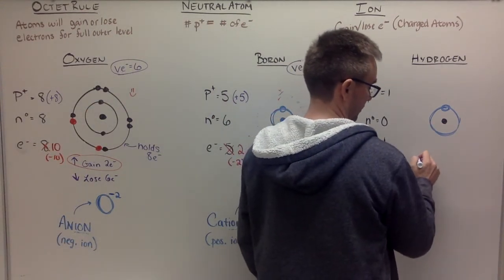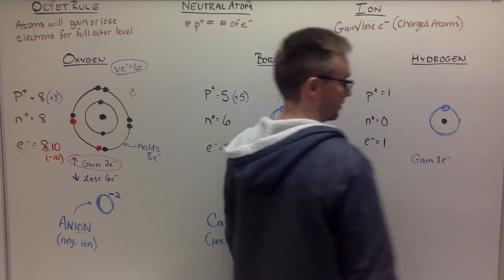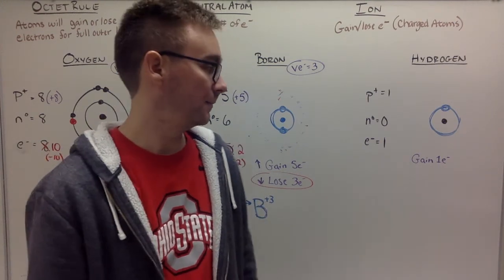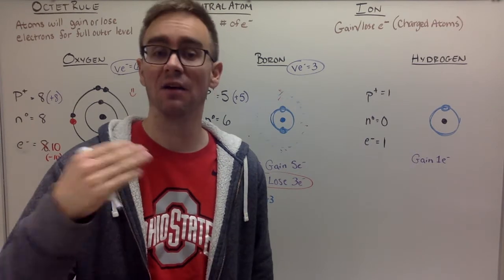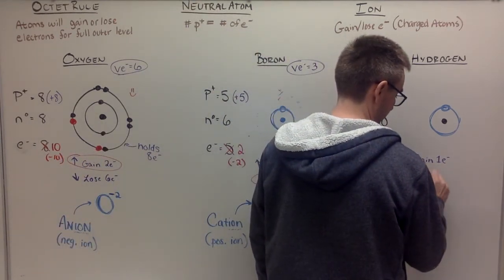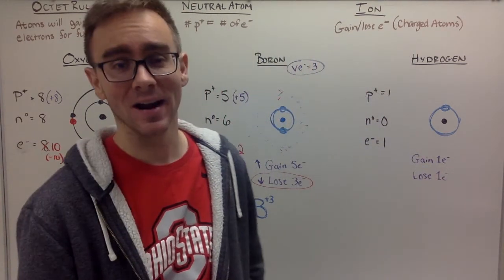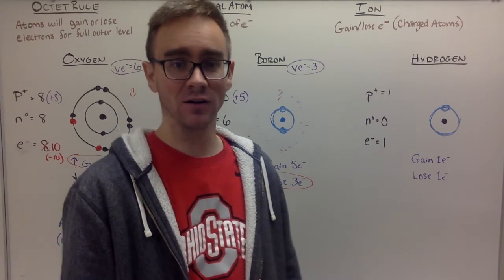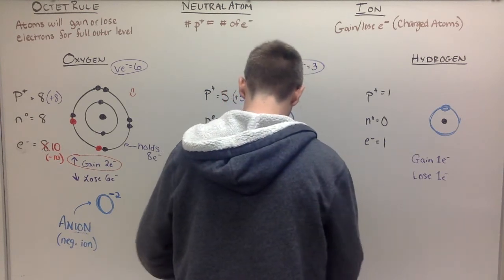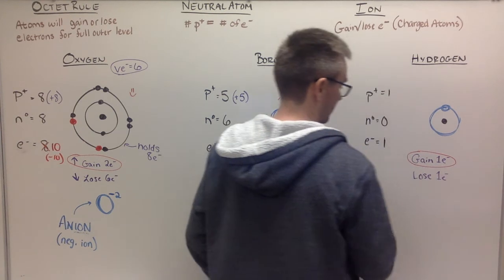Would it rather gain 1 electron, because that first energy level can only hold 2, to get that second one? Or lose its 1 electron? Well, if it loses its 1 electron, it's the only one it has. It can't have a full outer energy level with no electrons. So this is a pretty easy one to decide. It is going to gain 1 electron.